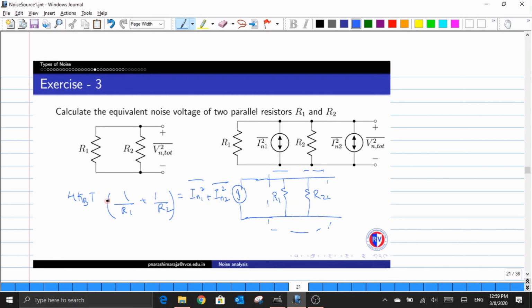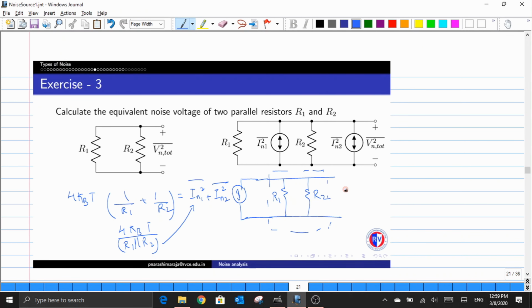Now again, the combination of this is nothing but written as 4 kBT divided by R1 in parallel with R2, and that is the total effective power spectral density at the input noise current source.